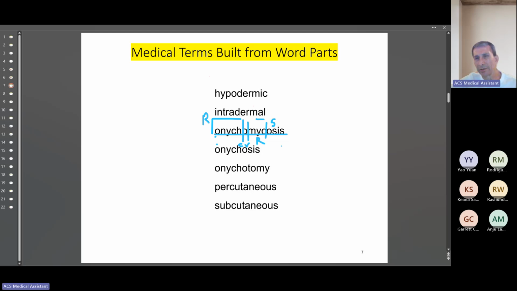So right here, we're going to have an abnormal condition of fungus in the nail. How many parts does this medical term have? Remember, we're going to have two word roots, one suffix, three, one combining vowel, four, and one combining form, because the combining form is the combining vowel and the word root.